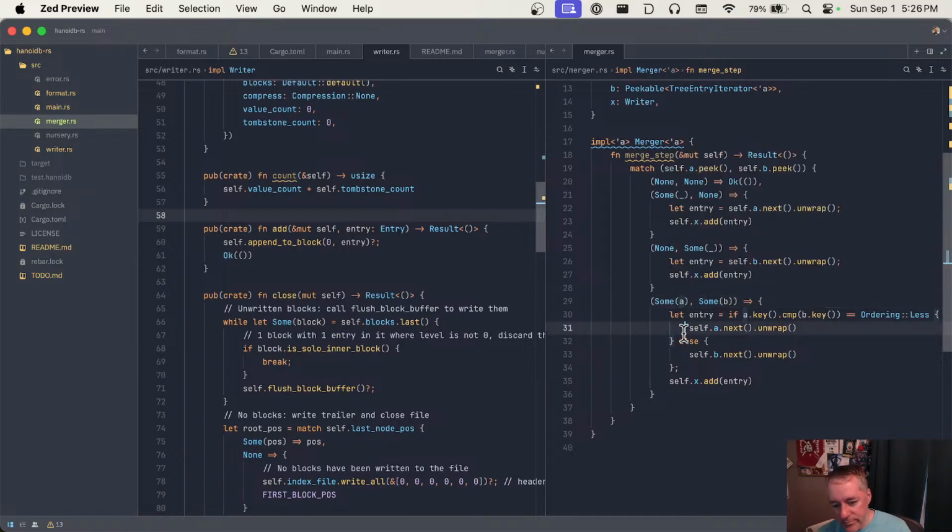Okay, let's think about the simple case. So if A is less than B, then we know that we want to, and this is where I may bring back the match, right? If A is less than B, then we know we want to take A and add that.